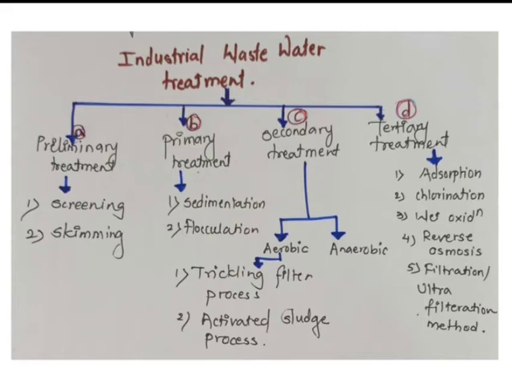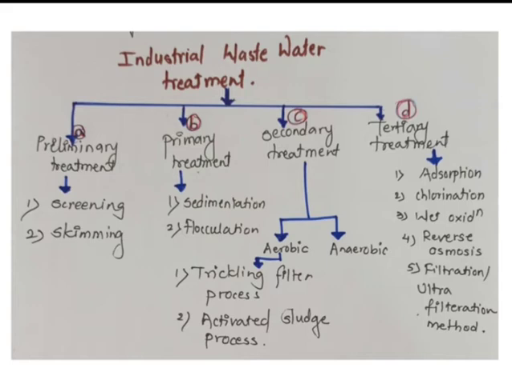It is very important to treat that water because industrial water may contain various hazardous metals, compounds, or organic or inorganic matter. So there is a great need to study, analyze and treat this industrial wastewater.